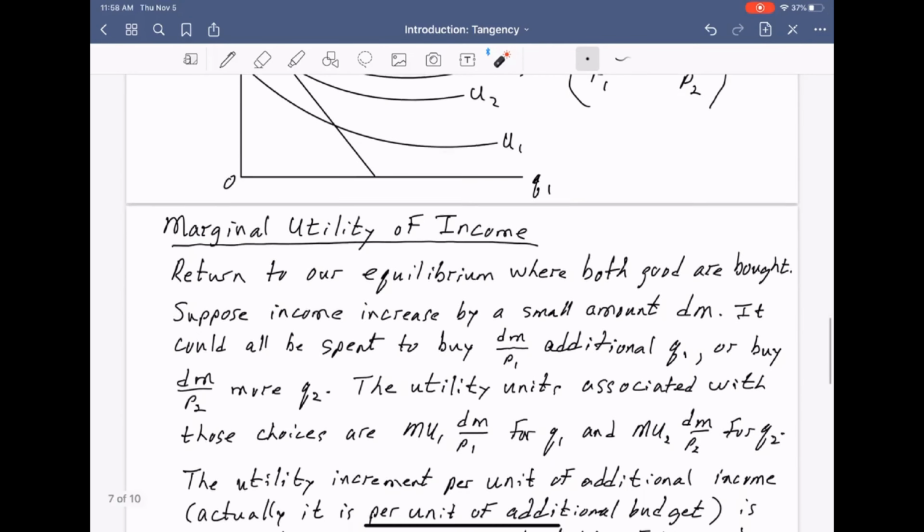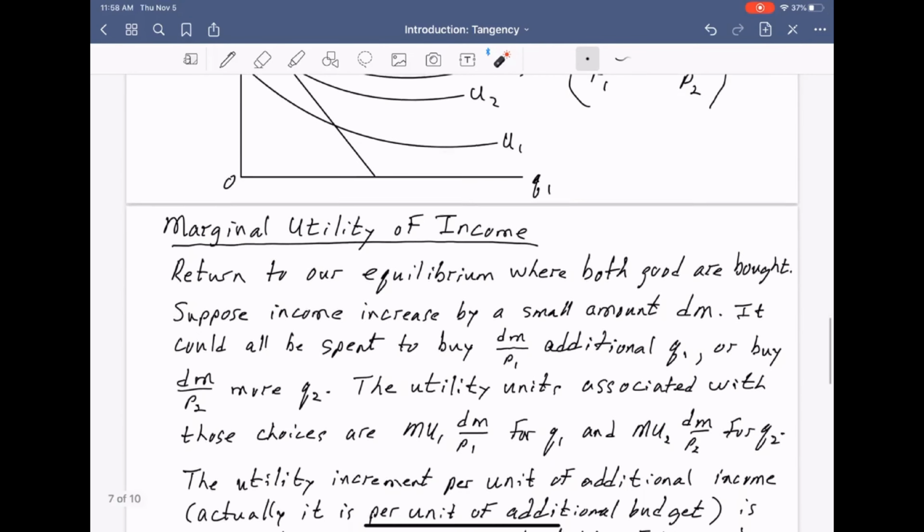All right, let's look at the marginal utility of income, which is a different concept than the marginal utility of good 1 or good 2. So let's return to our equilibrium where both goods are bought. That was the black point in our initial figure. Suppose that income increases by some small amount given by dm.